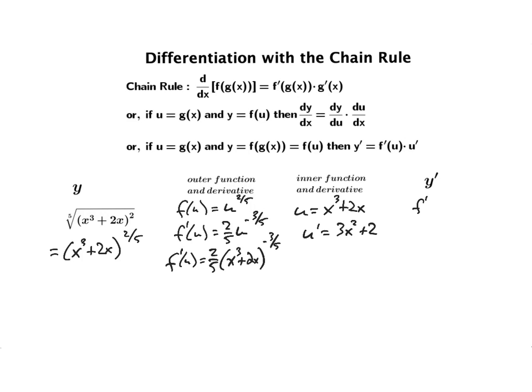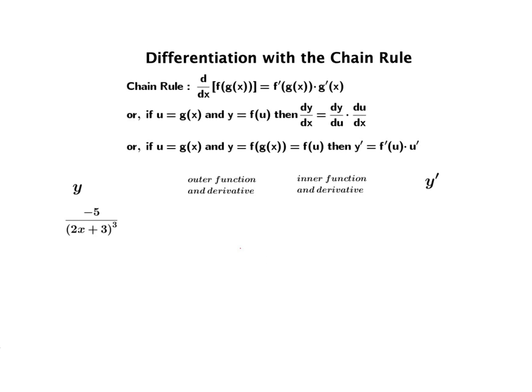So our f prime of u times u prime is going to be f prime of u, 2/5, times the inner function to the negative 3/5 power, times u prime. And again, we can leave that just as it is.